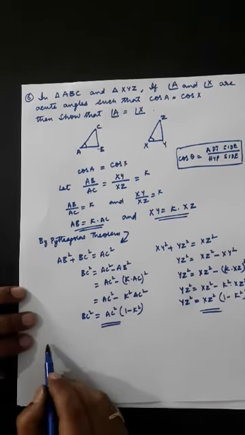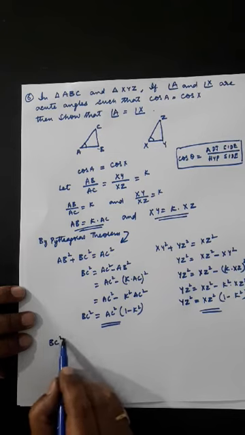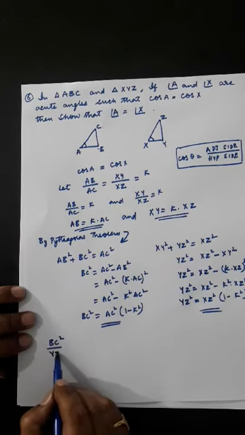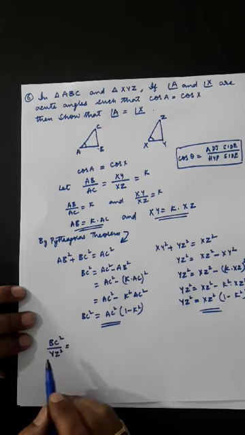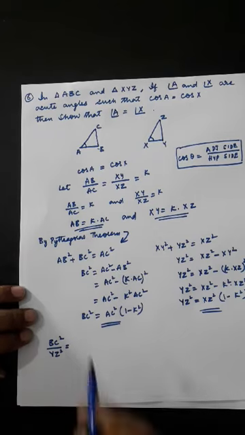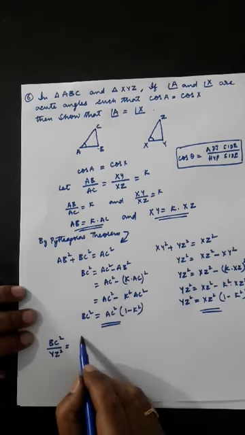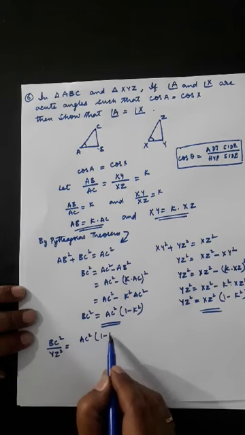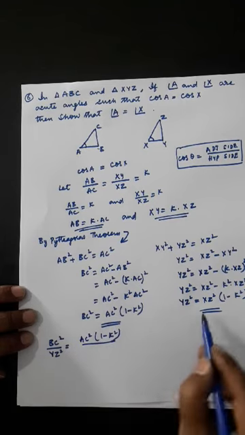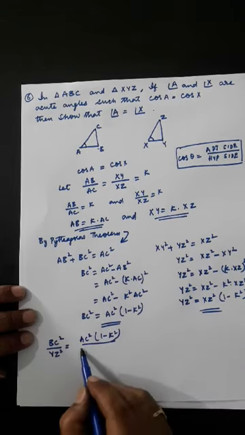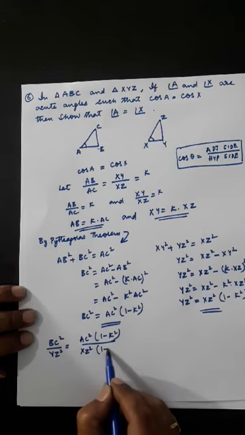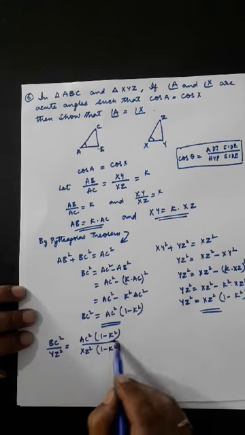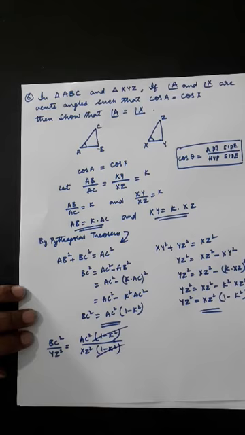Now we'll do BC square by YZ square. BC square is AC square into 1 minus k square, divided by YZ square which is XZ square into 1 minus k square. Here the 1 minus k square cancels.